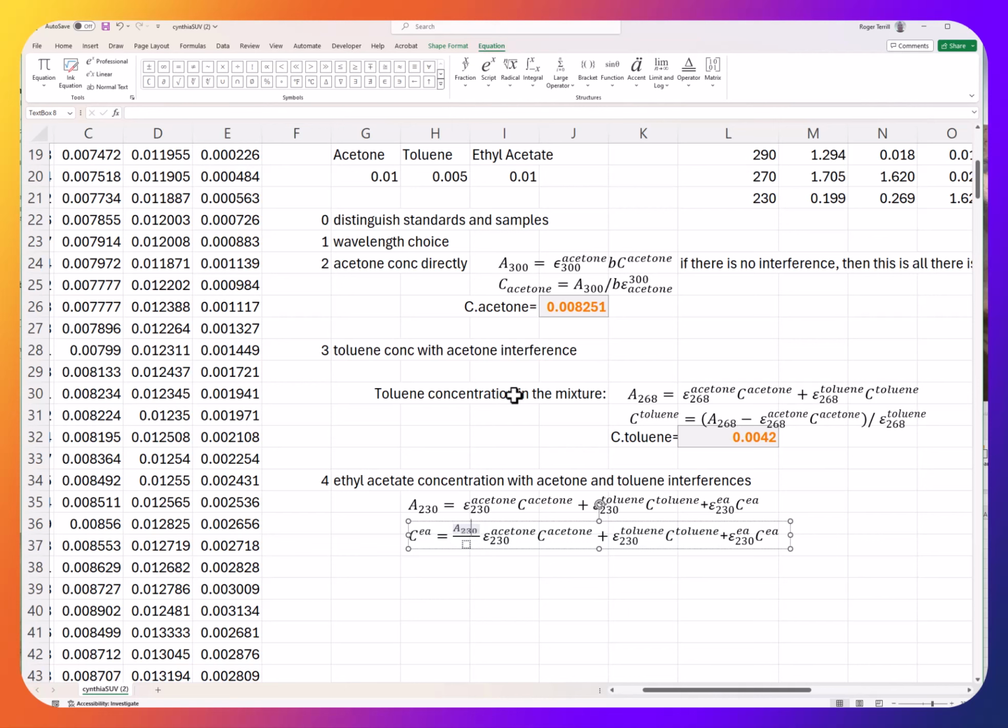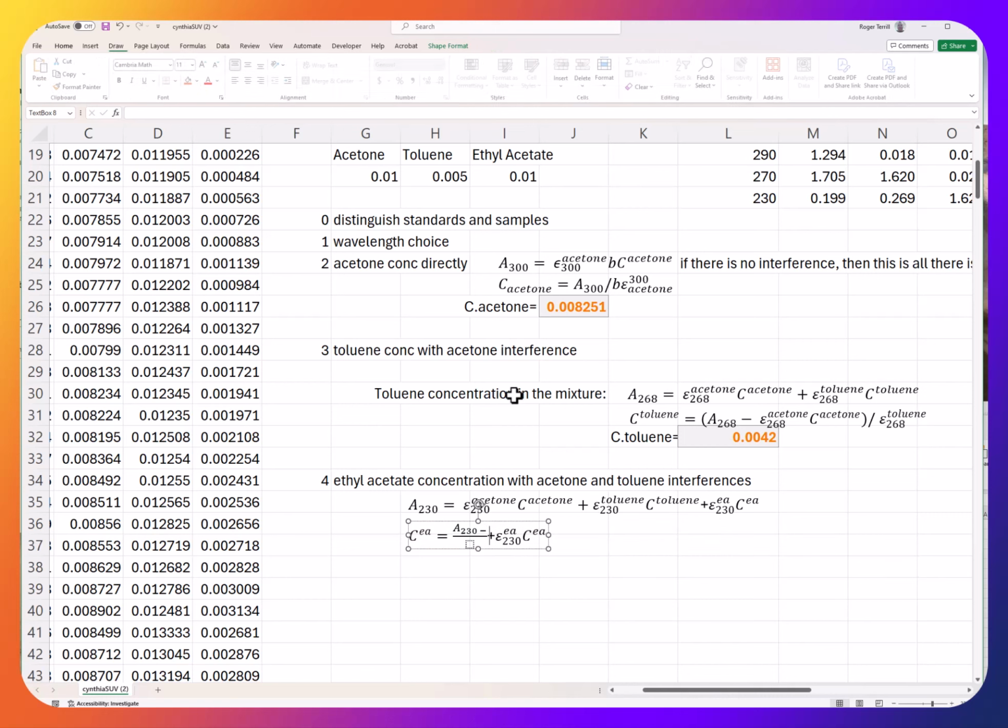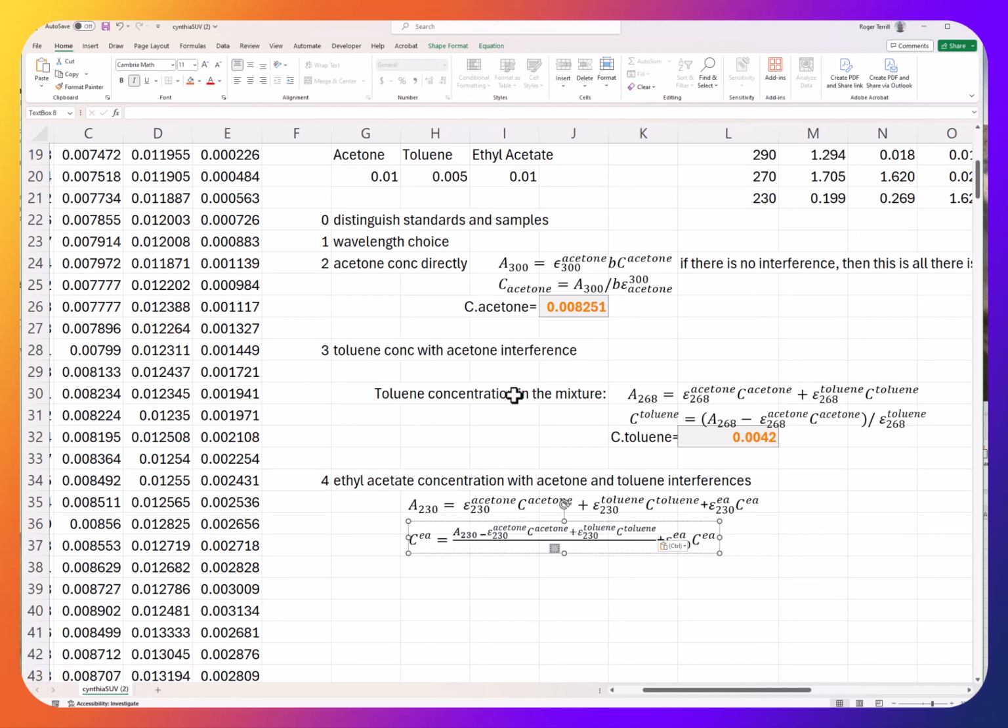Okay, well, I can cut you all out and put you in there. It's going to be A230 minus, divided by that. I'm pretty sure that's correct.